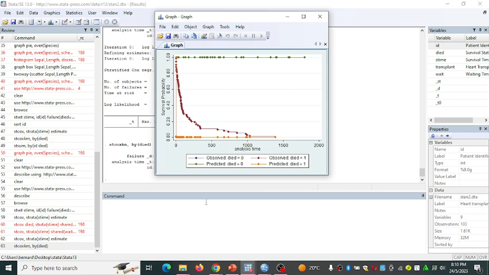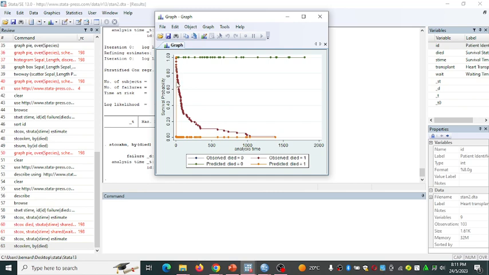You can see this is the predicted. So this is a prediction for death. Are we together? This is the prediction for death. And we have the observed death.